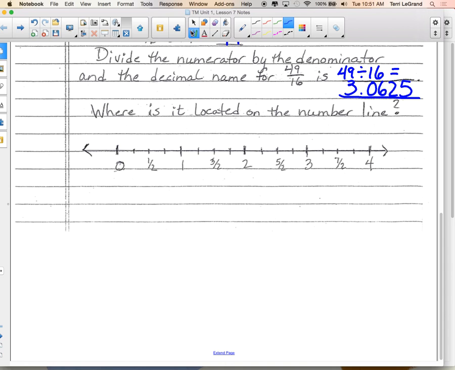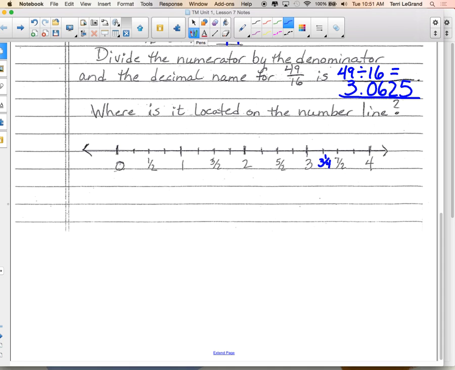Is it 1/4? Everybody agree? Are there 4 equal sections between 3 and 4? 1, 2, 3, 4. Why, looky there, there are. So it's divided into 4. So then this particular one would be 3 and 1/4, wouldn't it?